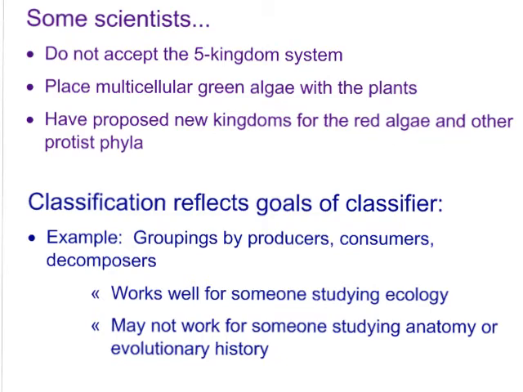There are some scientists that would like to see the kingdom of protists split into multiple kingdoms and have even more than just the 6-kingdom system. So there is a lot of disagreement. The most common system would be the 6-kingdom system or the 5-kingdom system. Those are the most common among scientists.